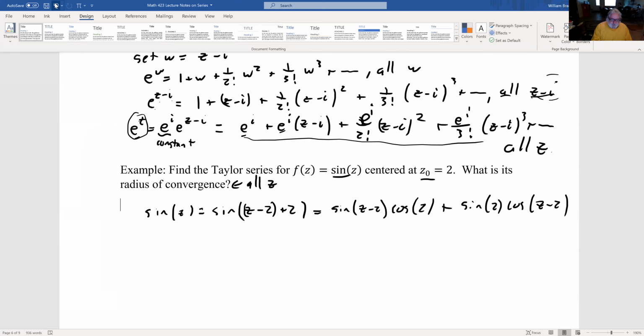Great. So usually up above, I've done a formal substitution, w equals this, but we can just say this is going to be cosine of 2.